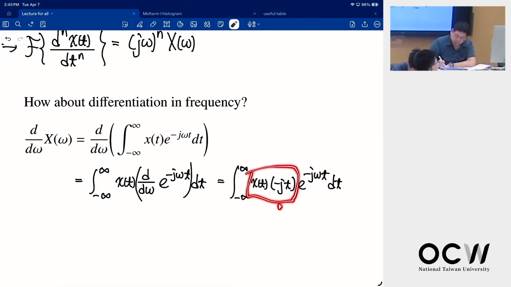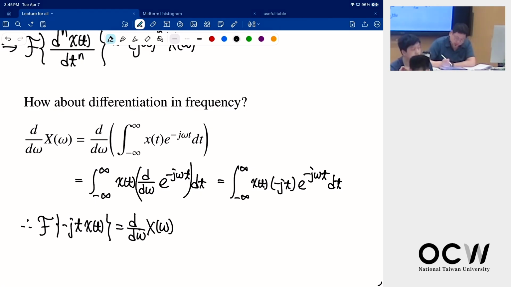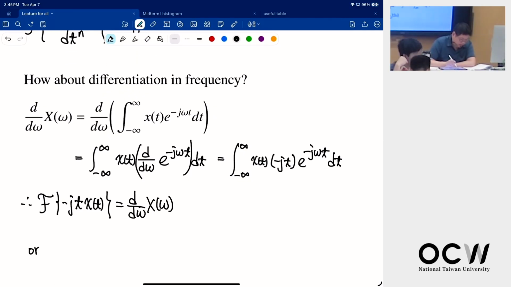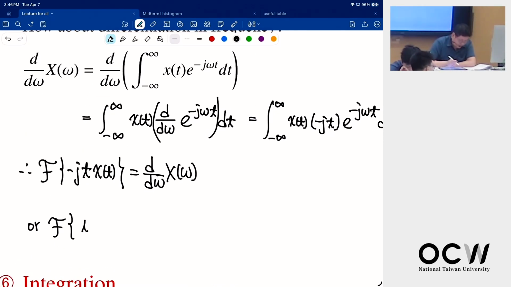So here, minus j t x. So if you take the differentiation in frequency domain, then in time domain, we just multiply by the time t. Well, because in time domain, we don't like this imaginary part, so here we can write it down. It's just like generating time. Here we can have j in frequency domain.